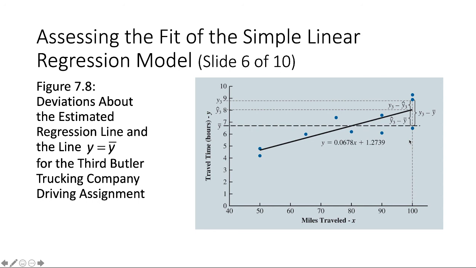In this figure, we show the estimated regression line and the line corresponding to the mean of y. Note that the points cluster more closely around the estimated regression line than they do about the horizontal line. We can see that the difference between y3 and the mean of y is much larger than the difference between y3 and the predicted y3 based upon the regression line.